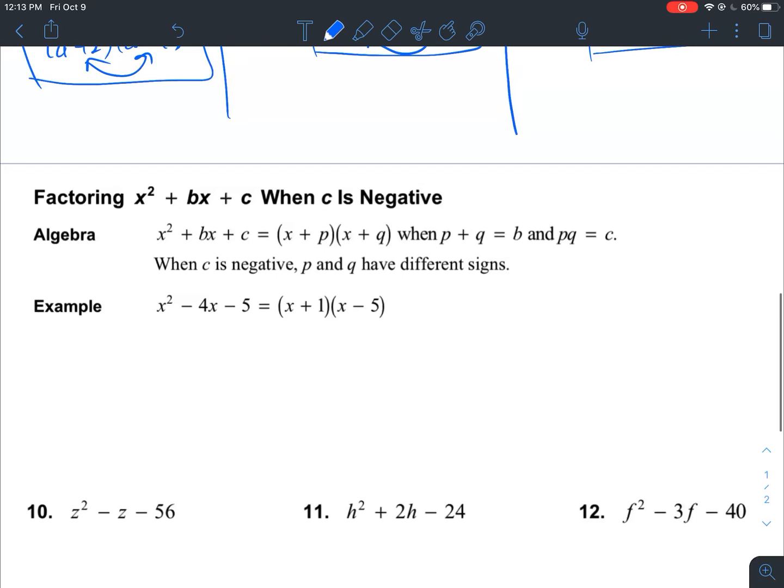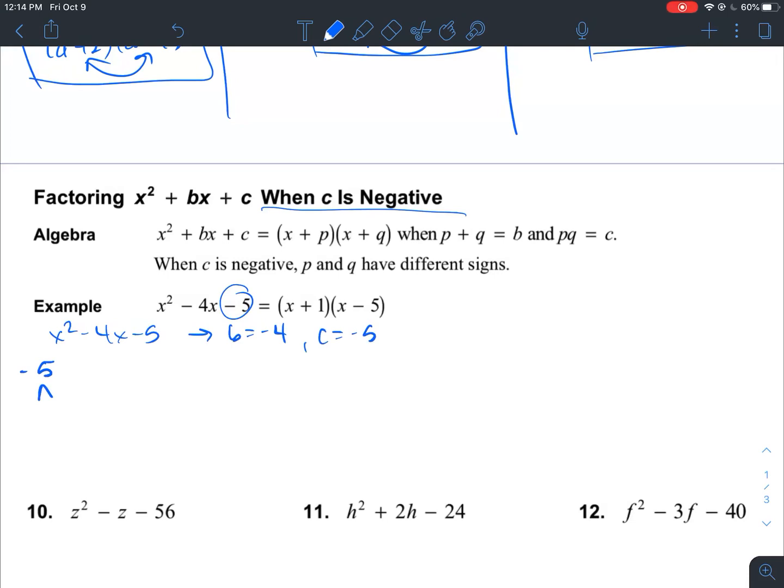Down here though, what happens when c is negative? So like in this case right here, well, you still follow the same rules. So if we have x squared minus 4x minus 5, where b is equal to negative 4, c is equal to negative 5, take negative 5 and let's list the factors right here.